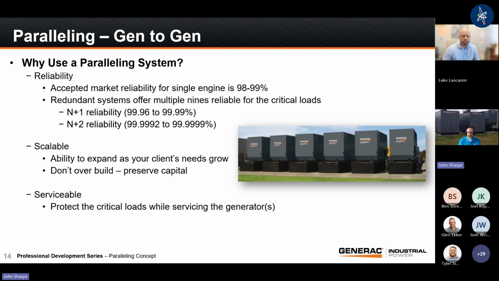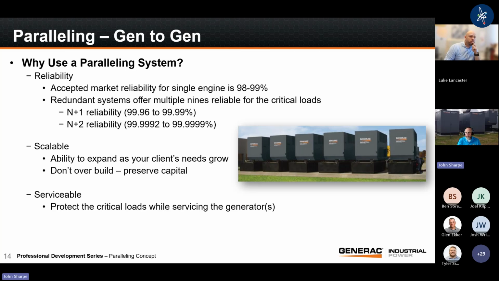By going with a scalable solution, you can say, okay, let me buy what I need today. And then if the business plan works out 5 years from now or whatever, I'm able to just buy additional capacity. As long as I've got the infrastructure already sitting there, it's a matter of just adding additional generators to give me more support and capacity.